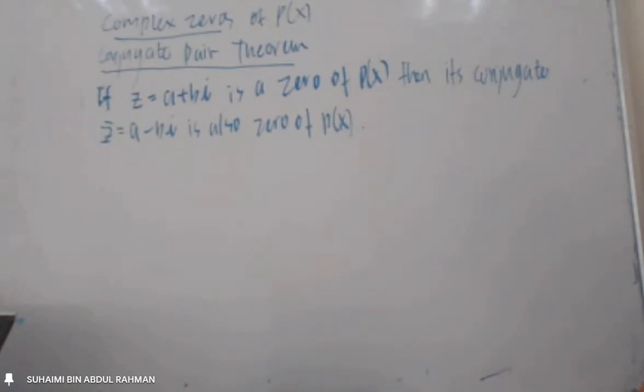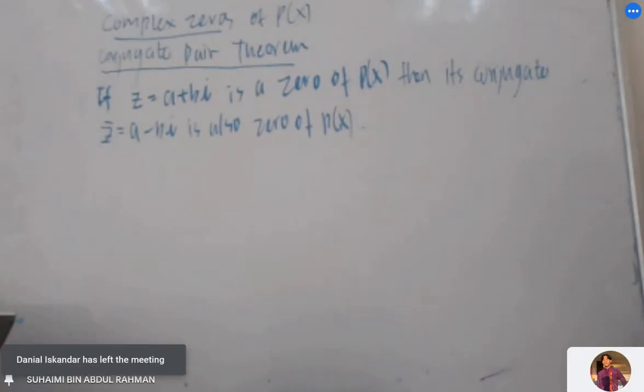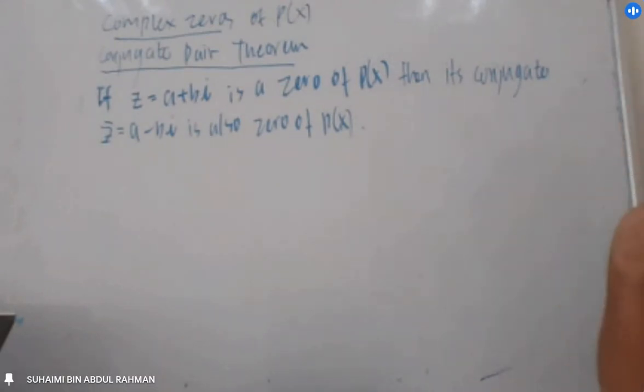How many zeros? 4 zeros of that polynomial.